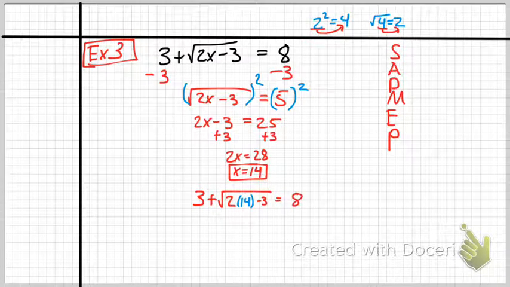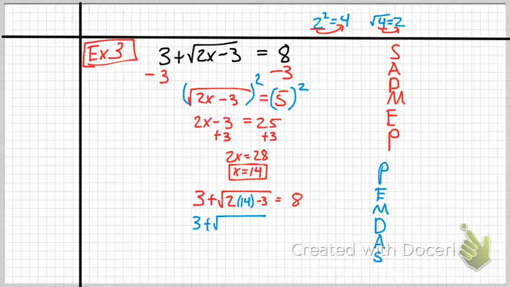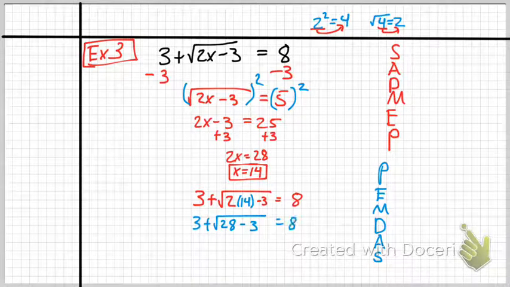Now when we're checking, we have to follow PEMDAS, right? Because now we're evaluating. So we have to do what's underneath the radical first, so we get 3 plus the square root of 2 times 14 is 28, minus 3 is equal to 8.